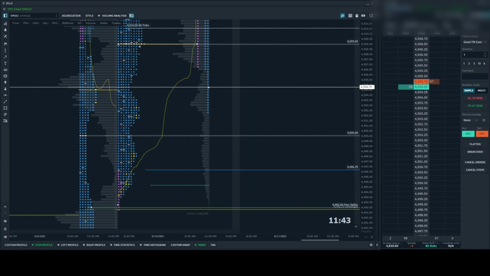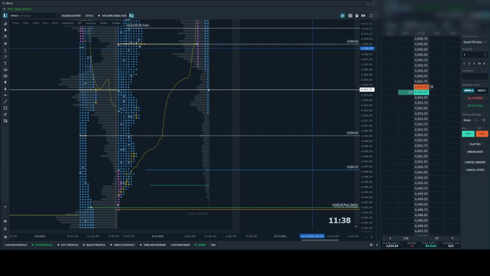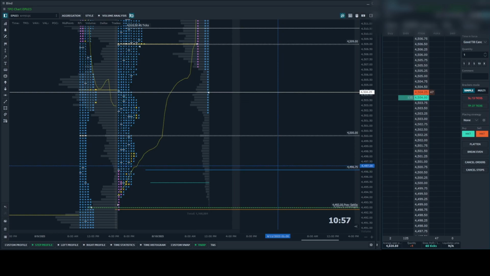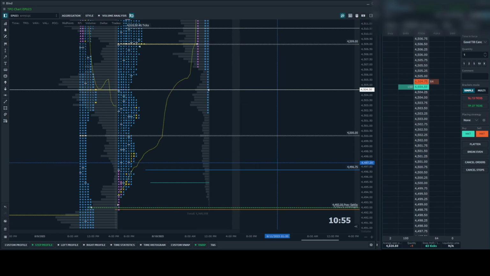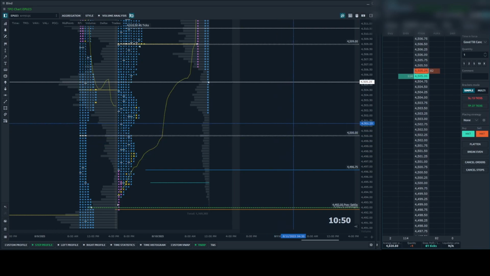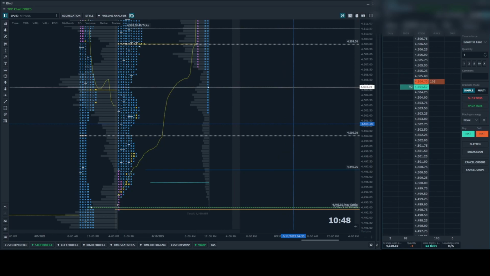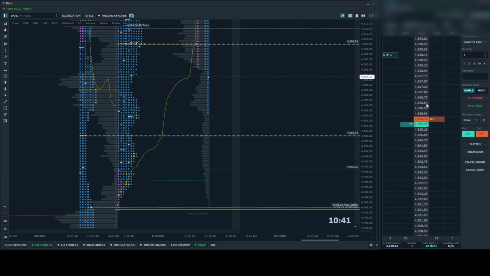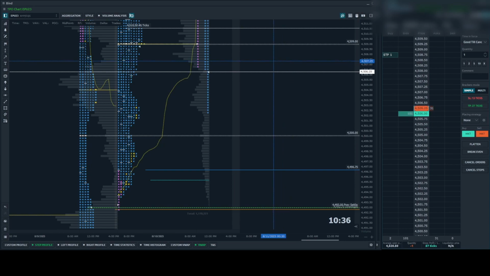Know there was a lot of activity around there. Looks like you might want to test this break level. This still looks pretty good. See where my stop is.